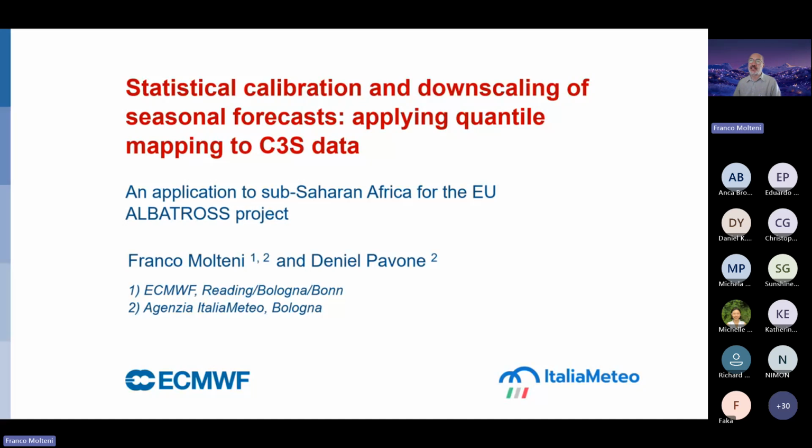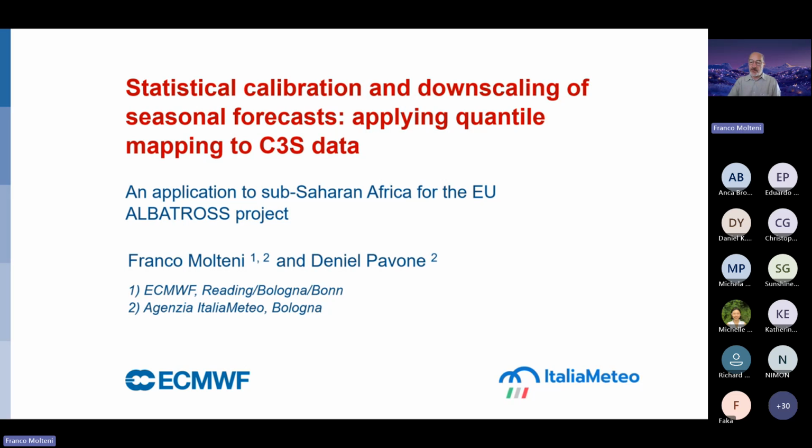Basically, what I'm going to present is an application of how you can use a specific type of statistical downscaling, which is quantile mapping, to calibrate and downscale seasonal forecasts that are available from C3S. This is just a demonstration tool for the moment. So we only use the data from the ECMWF system, and we have used the ERA 5 and ERA 5 land data to develop the system.